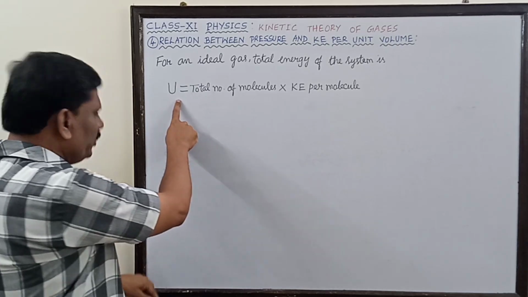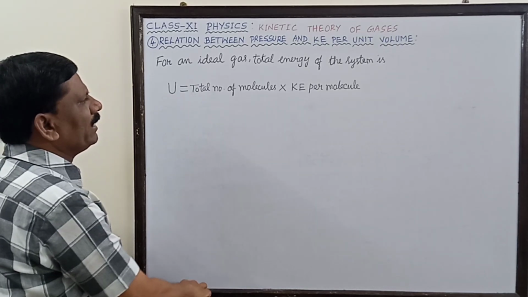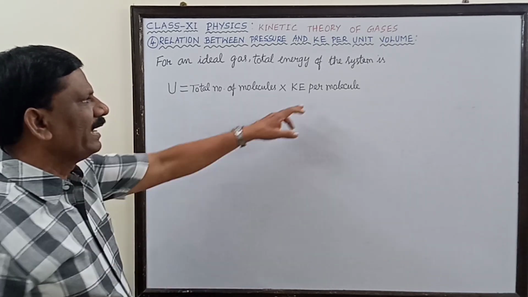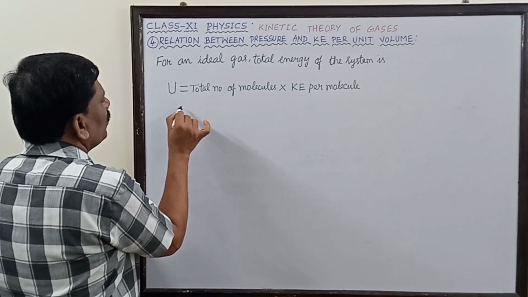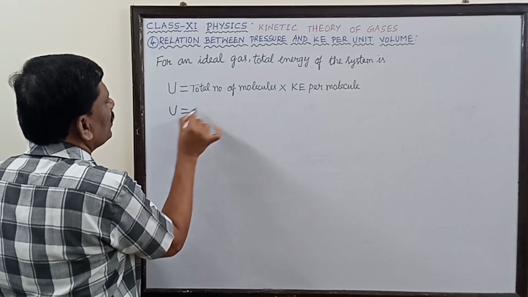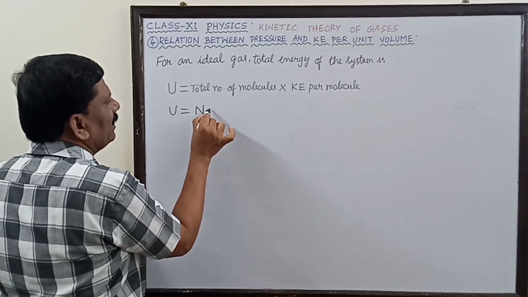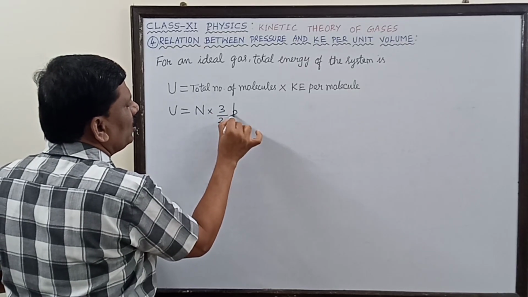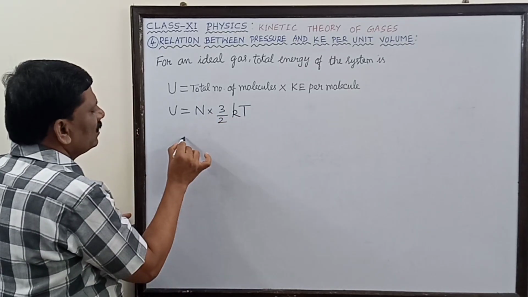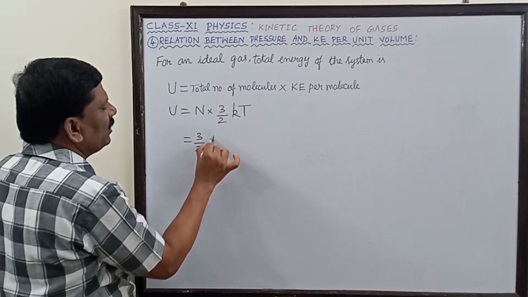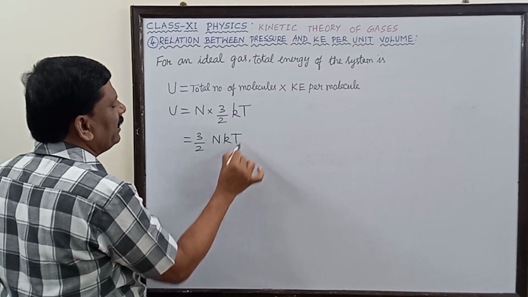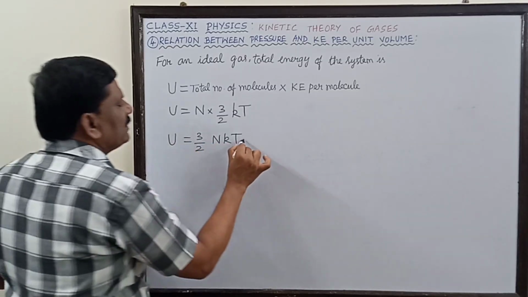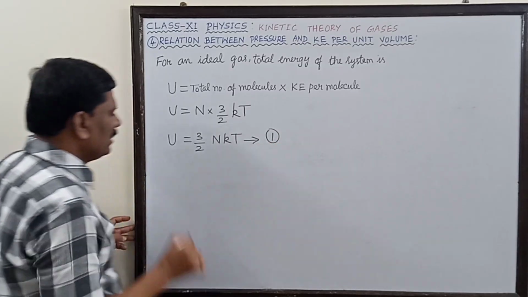So U is equal to the total number of molecules multiplied by kinetic energy per molecule. So U equals total number N into kinetic energy of one molecule, which is 3/2 kT. So this is equal to 3/2 NkT. So this is our equation number 1.